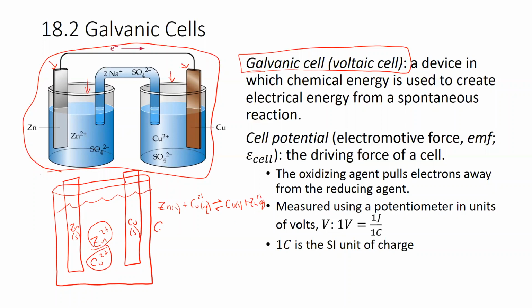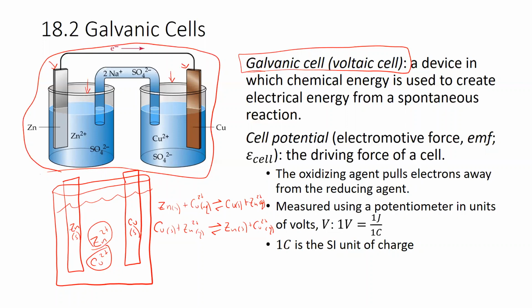Or you could have copper solid plus zinc 2+ aqueous reacting to form zinc solid plus copper 2+. You could have either of those two potential reactions, but only one of them is going to occur spontaneously.